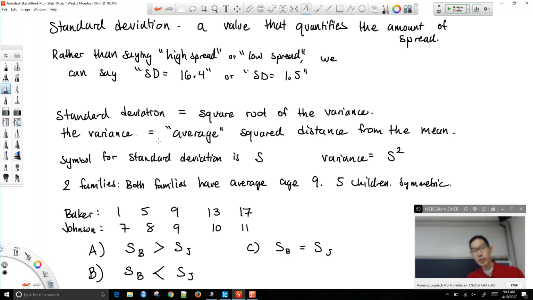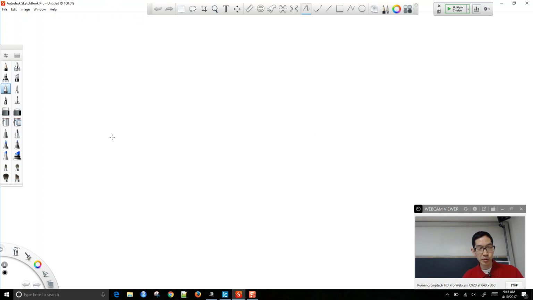Okay, let's run through the quick calculation here. I've defined the variance as the average squared distance from the mean. So let's go through this. The variance is equal to the quote-unquote average, with average in quotes, squared distance from the mean.